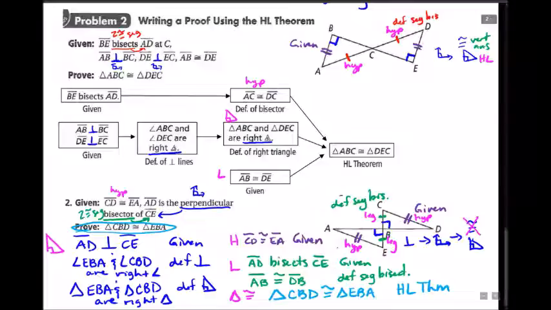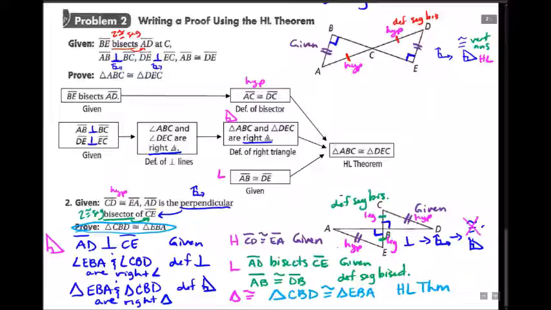So I look at my triangles here, and I know I have right triangles, so I think, can I use hypotenuse leg? And I look, and I have a hypotenuse and a hypotenuse and a leg and a leg. That means I am going to cross out my congruent right angles here, because I don't need that. I don't have the parts that I need. I only have two sides and an angle, and that doesn't work, and it's not the included angle.